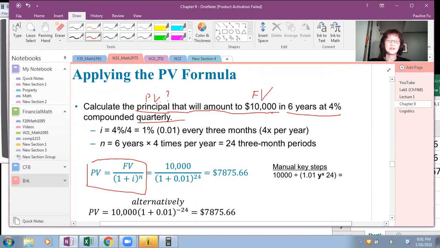Interest is compounded quarterly, so the periodic rate I equals 4% divided by 4, which is 1%, equal to 0.01. And the term N, so 6 years is how many quarters? 1 year has 4 quarters, so 6 times 4. 6 years has 24 quarters. Then you plug into this formula: FV 10,000, I 0.01, N 24.